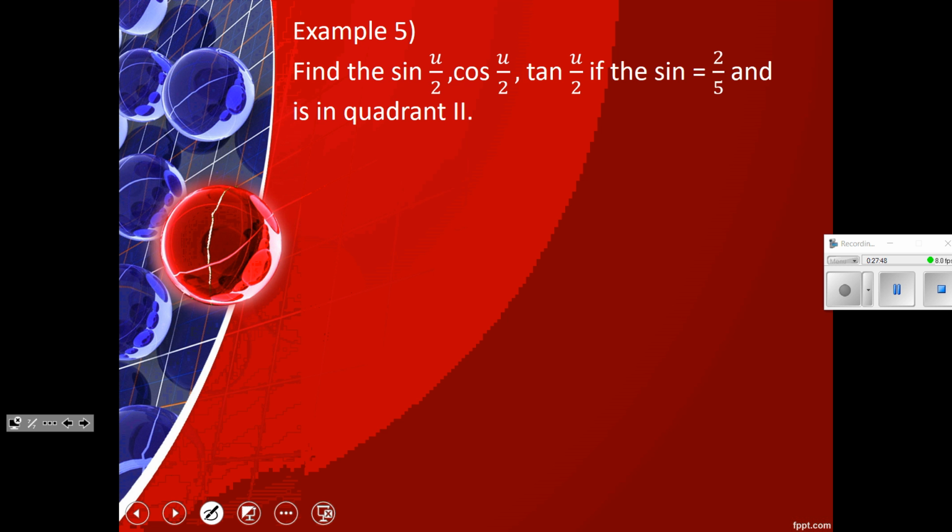Radians. So if you actually wanted to find the degree, what could you do? You could do the inverse sine and put in 2/5, and it gives you like 23.578 degrees. Does that make sense? So that's kind of what I'm looking for.